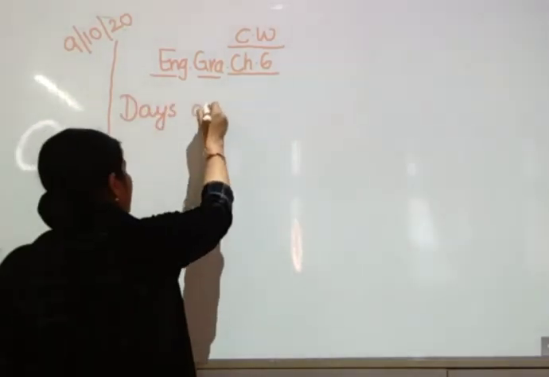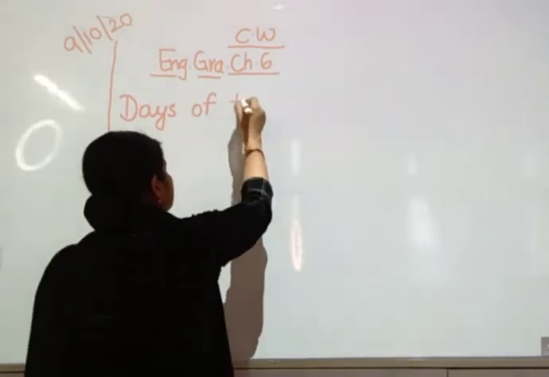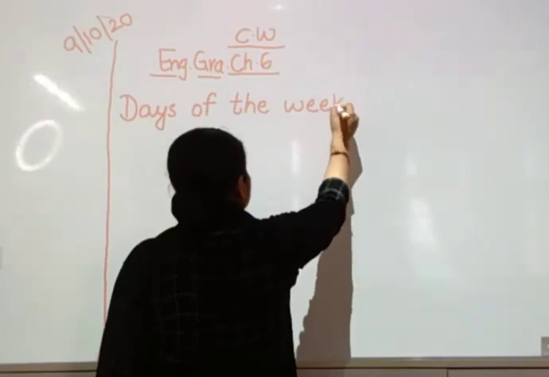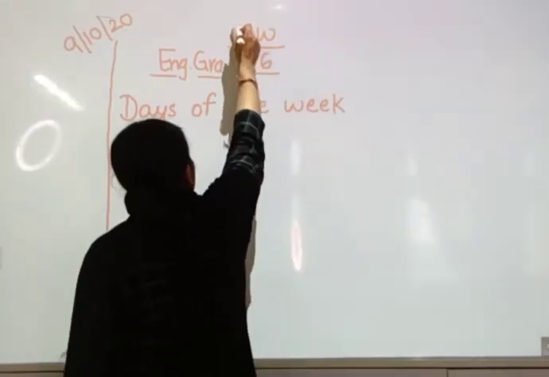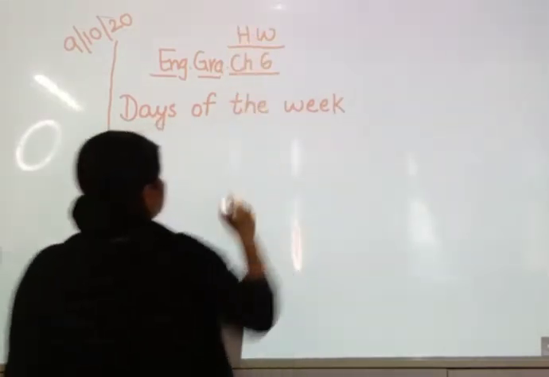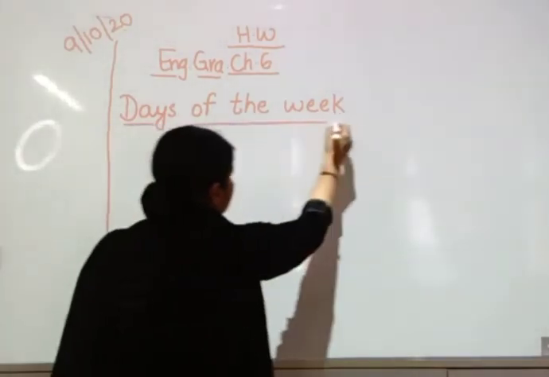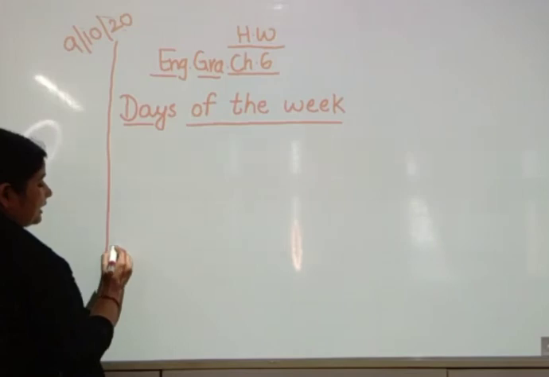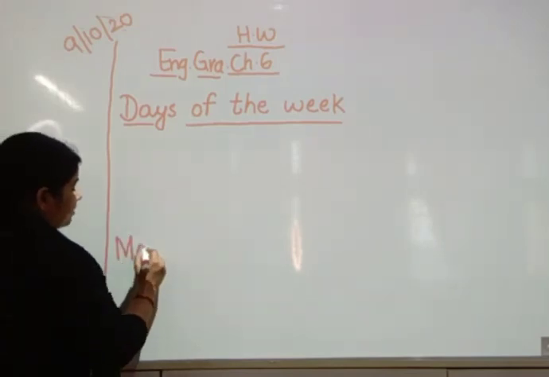Days of the week. This is your homework, not classwork. Write it in your homework notebook. Days of the week. Okay. And on the next page, you will write months of the year.